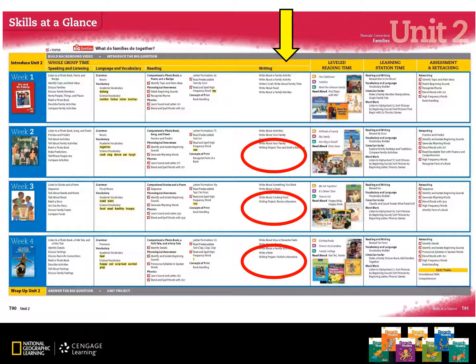All in all, the scaffolded writing instruction mirrors the purposeful teaching of reading. Writing opportunities are also found in the learning station time, as shown here, and in the language and vocabulary strand, where students learn about the grammar of the language through writing as well and begin to use vocabulary and grammar in sentences.